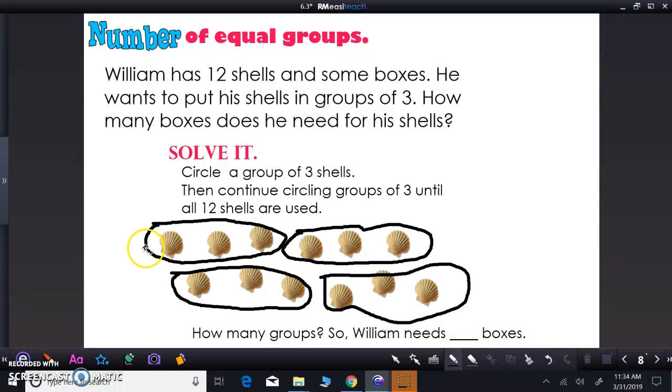In order to find how many boxes William needs, we are going to count our groups of 3 shells that we've circled. Since I've circled 4 groups of shells, William is going to need 4 boxes in order to store all of his shells.